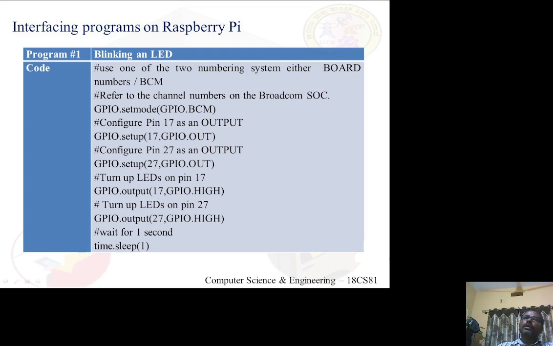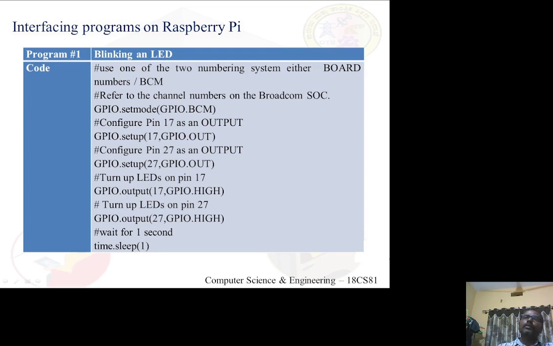Similarly, to turn on LED 2, I need to pass a high value to pin 27. Now both LEDs are on. Now let me have a delay of 1 second. time.sleep(1) means a delay of 1 second.